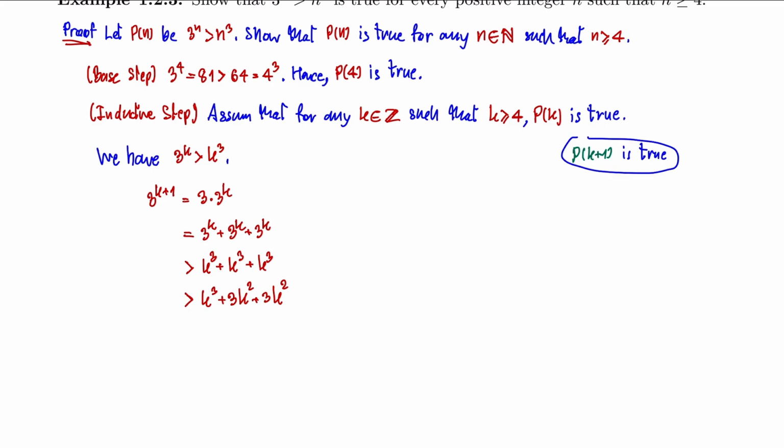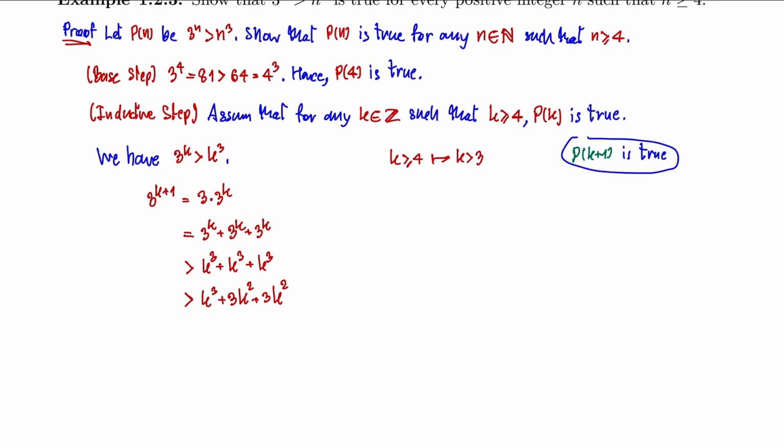Because k cubed is going to be greater than 3k squared. Okay? And k cubed is greater than 3k squared because k is greater than or equal to 4, this means that just k greater than 3.